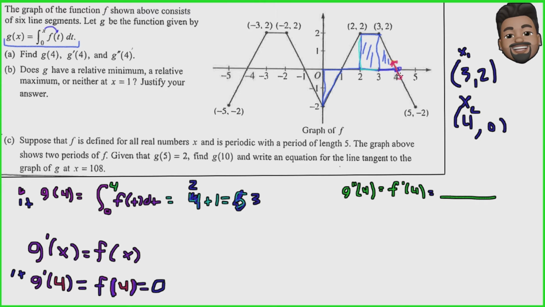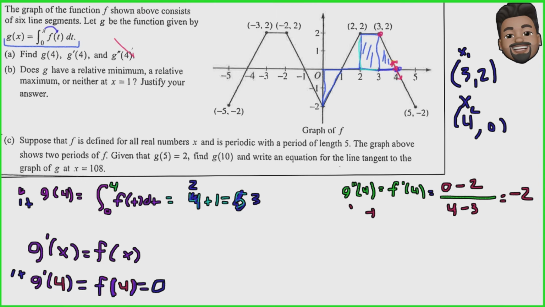So I just need to do rise over run to get the instant slope right there, because my tangent line is a linear function. I labeled 2 points, this point right here and this point right here. Now I'll do rise over run: Y2 minus Y1, so 0 minus 2, over 4 minus 3. Wait, 4 minus 3 is 1, so negative 2 divided by 1 is negative 2. There is our 3 points for part A.